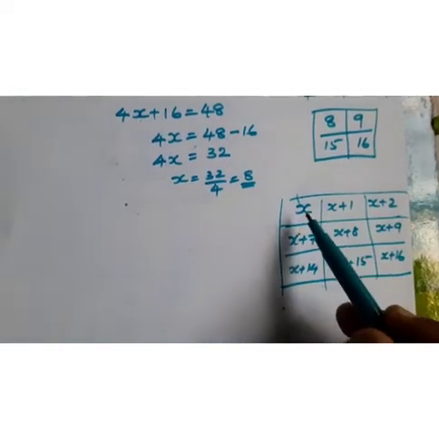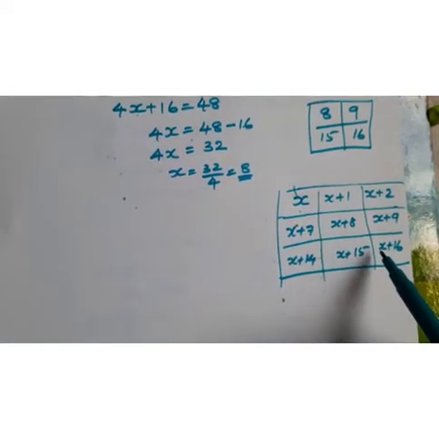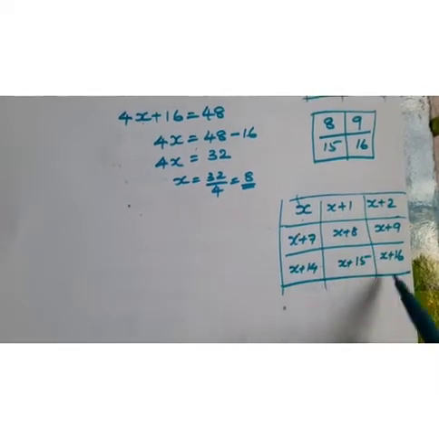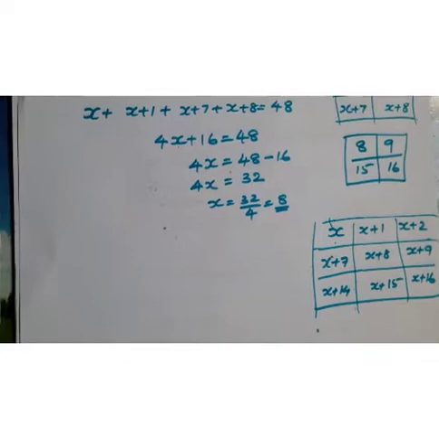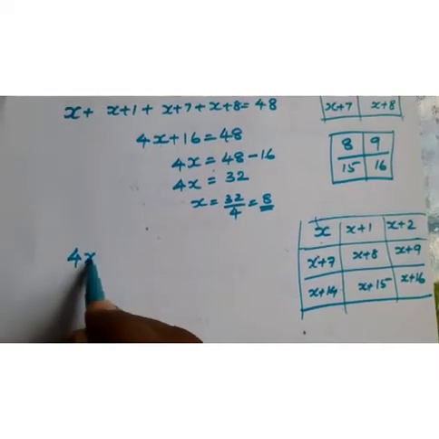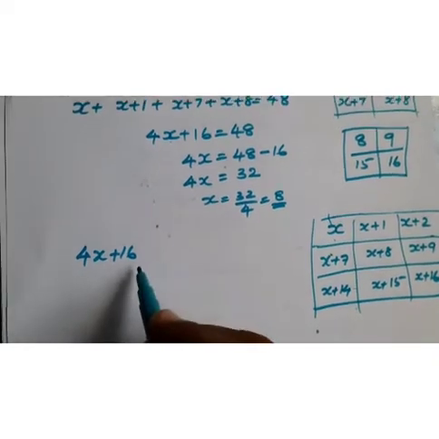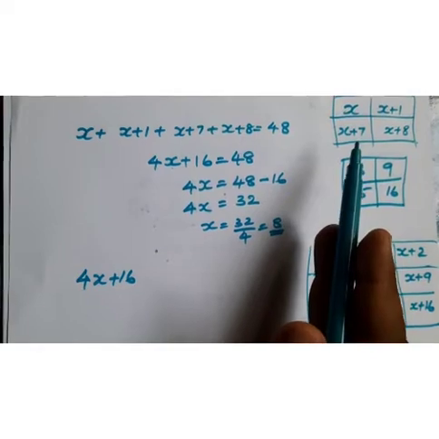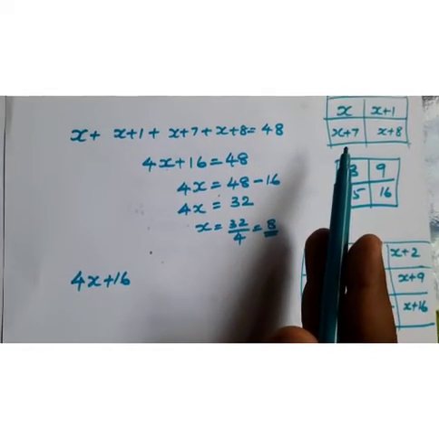So if you want to find out the first number, what you have to do? All these numbers are added, then find out x. Remember this one: 4x plus 16 is the common equation for finding the sum of 4 numbers in a square.